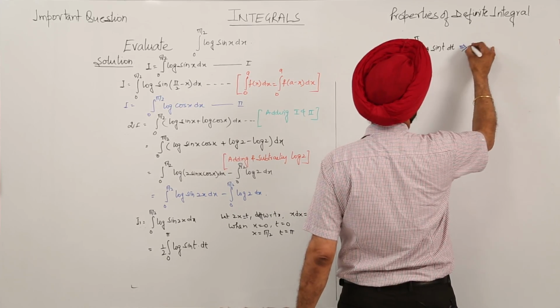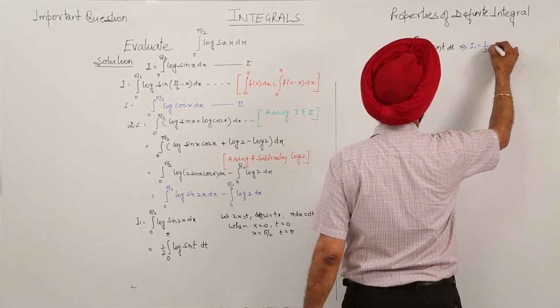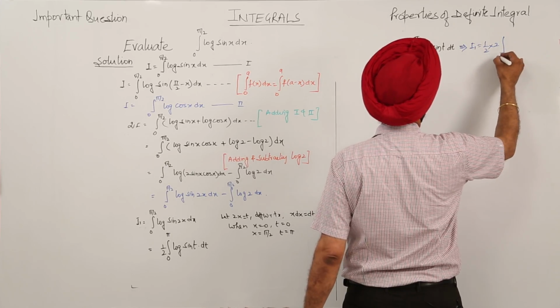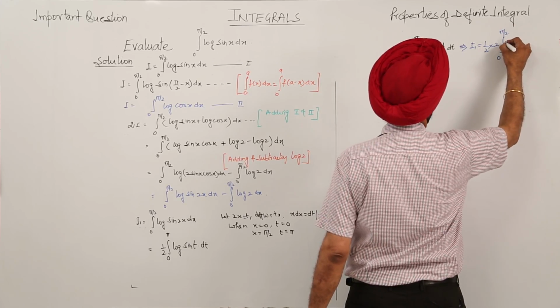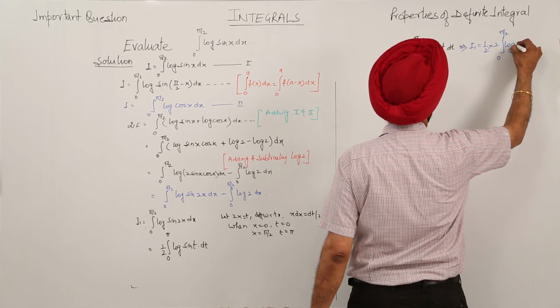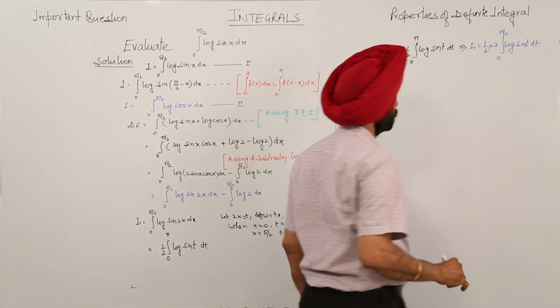This implies I1 is equal to 1 upon 2 into 2, the integral from 0 to pi by 2 of log sin t dt. Just check what I have done.